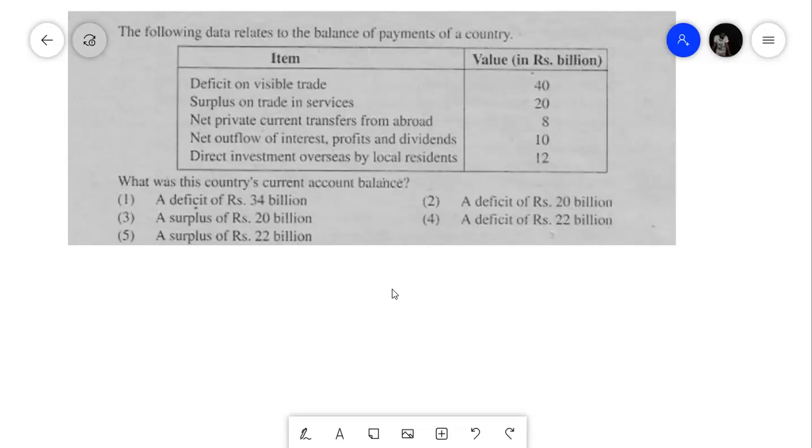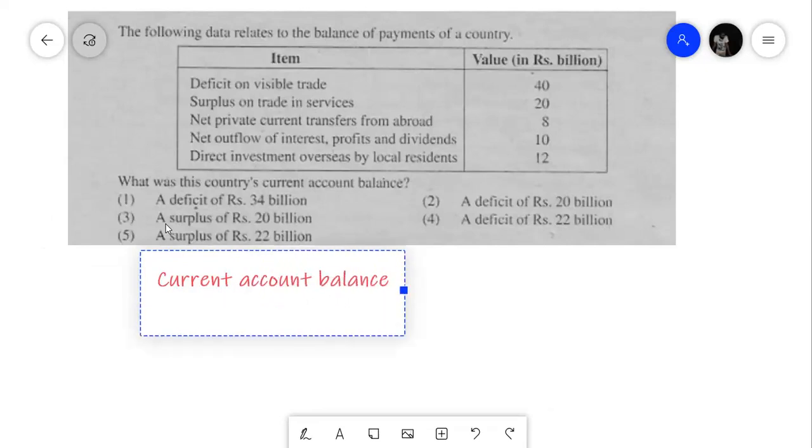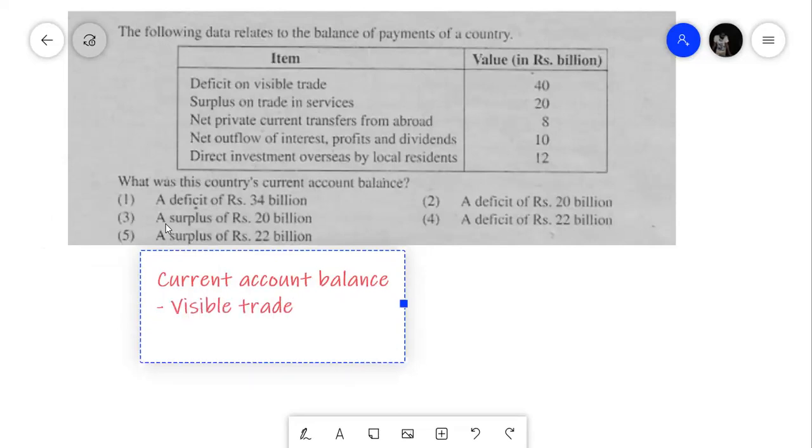How do you find the current account balance? What are the components that come into the current account? You have your visible trade, that is your goods. Then you have your invisible trade, that is your services.